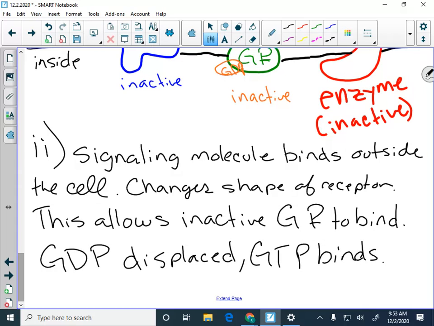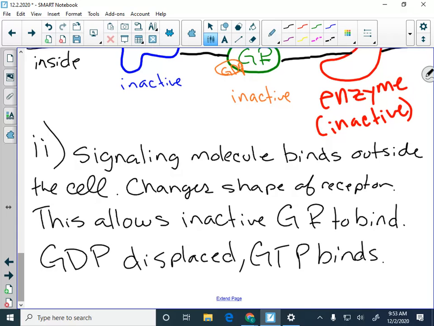So when the inactive G protein is able to connect to the receptor, it will bind to the receptor, the GDP will get knocked off of it, and a GTP will take its place. We have not touched the enzyme yet.